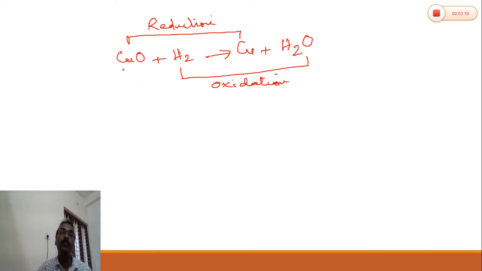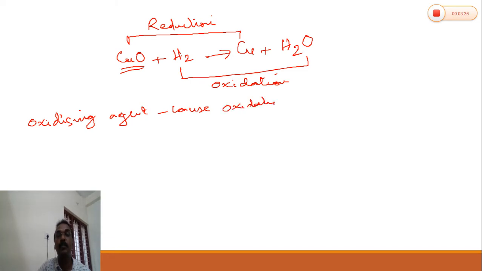Now, what is the role of copper oxide here? Copper oxide itself is reduced, but it gives oxygen to hydrogen. So this is called an oxidizing agent. An oxidizing agent causes oxidation, but itself undergoes reduction.